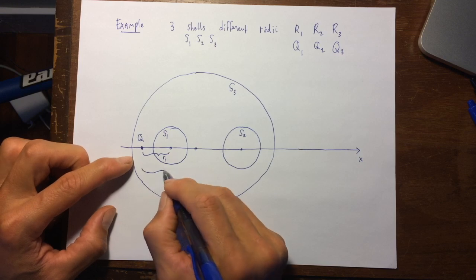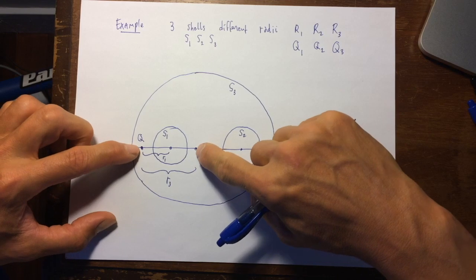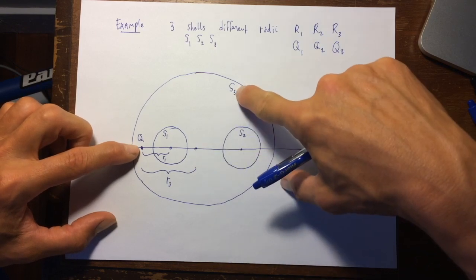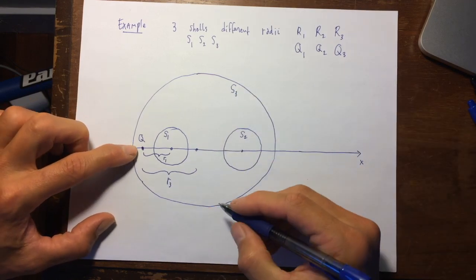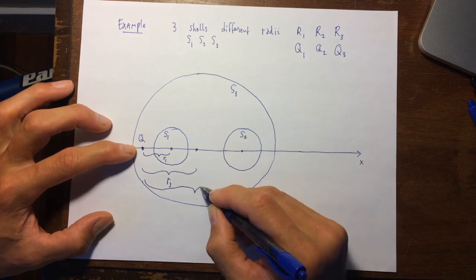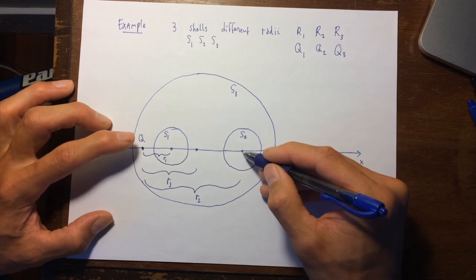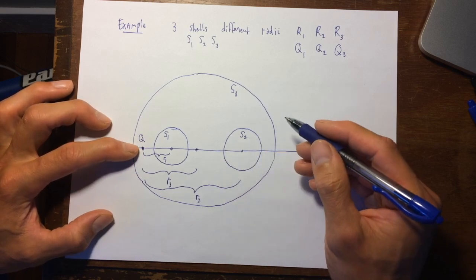Q is R3 from the center of S3, and Q is, you guessed it, R2 from the center of S2.